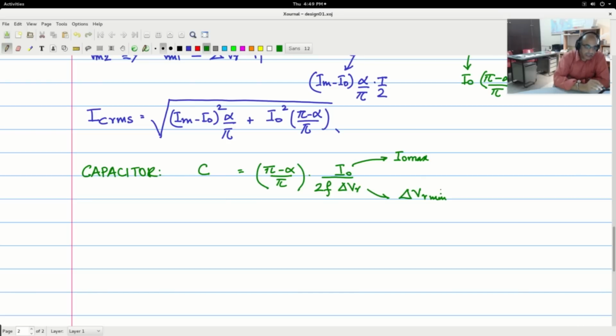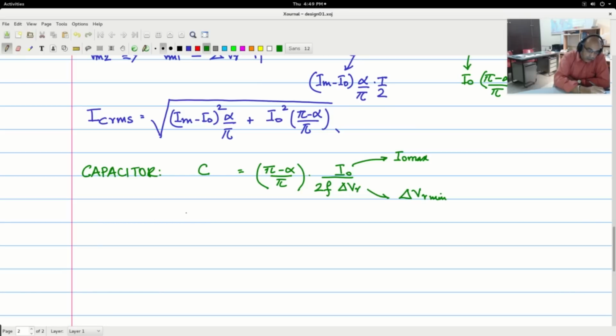So under these conditions, what is the value of C that you would get? I am mentioning this variation because the input voltage varies from a minimum value to a maximum value. So find out the ΔVR min, the worst case condition, and then plug these in.